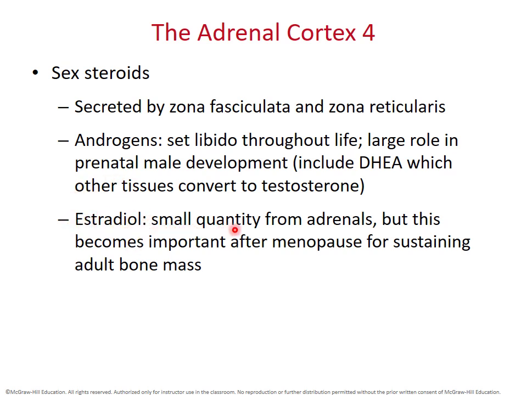This occurs in very small quantities, but it is important after menopause in women to help sustain bone mass, though, of course, it can't replace the high levels of estrogen coming from the ovaries, and so women do tend to suffer from osteoporosis, even with this estradiol coming from the adrenal cortex.